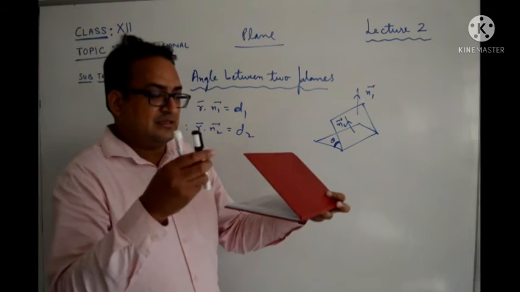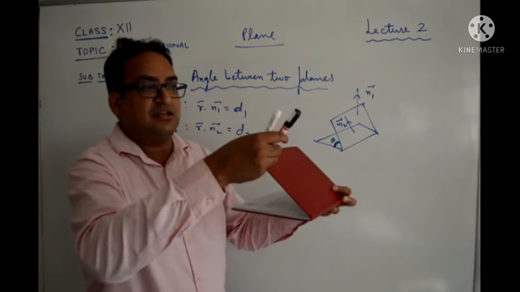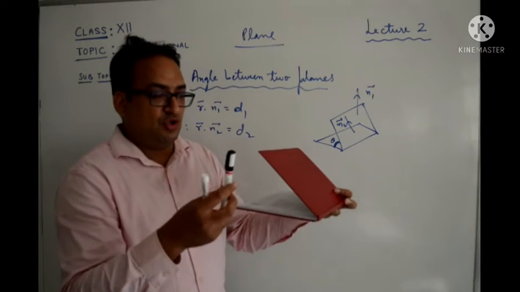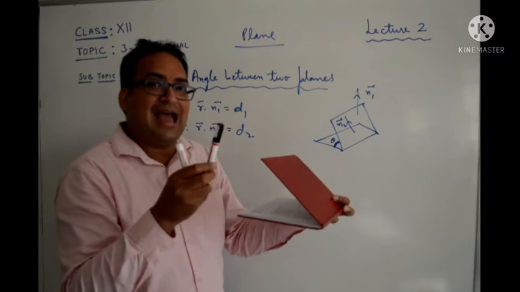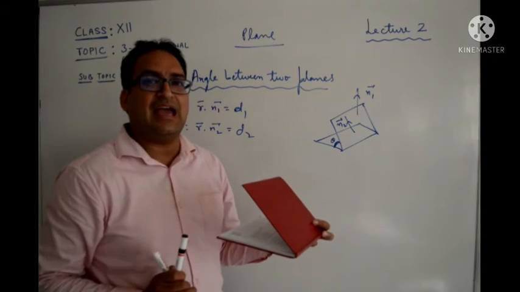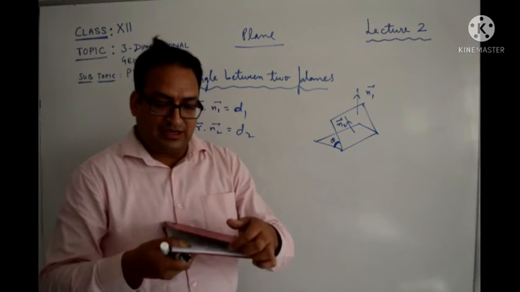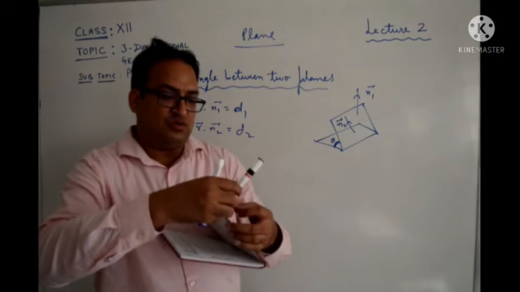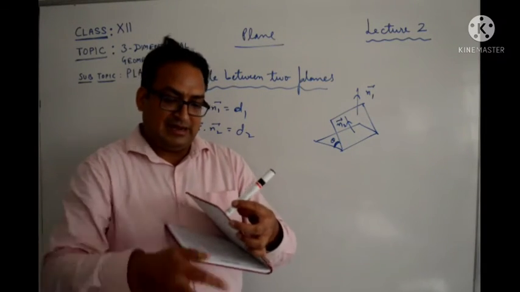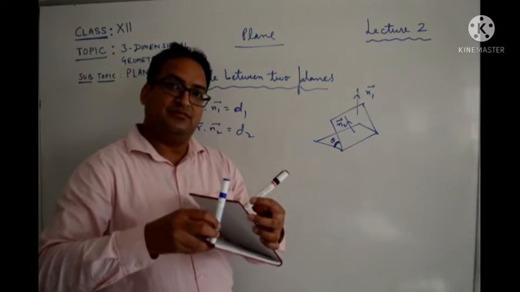Now understand this. Say this is the normal to the first plane and this is the normal to the second plane. What I claim is that the angle which the normals make with each other will be the same as the angle which the planes make with each other. So you can imagine this is the normal to the first plane, and this is the normal to the second plane.